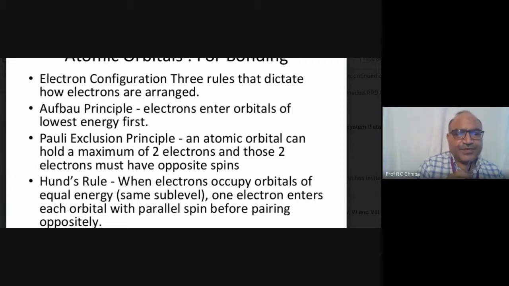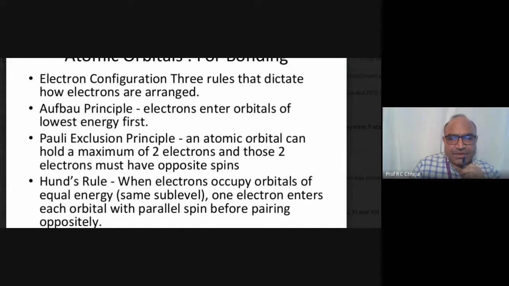Pauli exclusion principle: an atomic orbital can hold a maximum of two electrons, and those two electrons must have the opposite spin. So that will definitely lead to the formation of bonds.